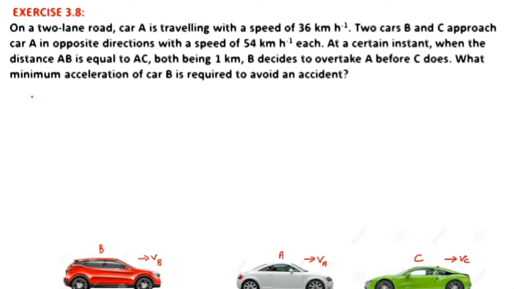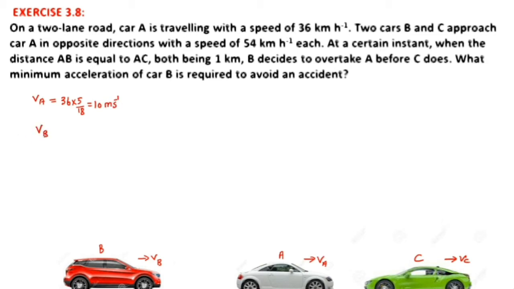First of all, what are VA, VB and VC? VA is equal to 36 km per hour into 5 by 18. You will get the answer in meter per second. That is equal to 10 meter per second.